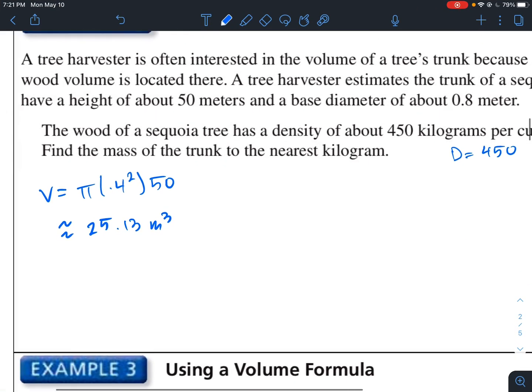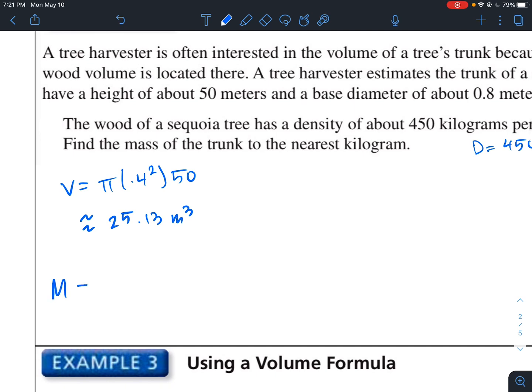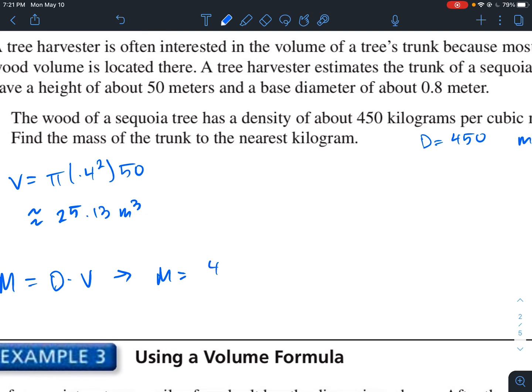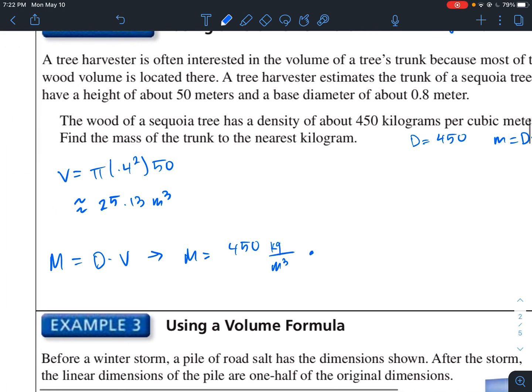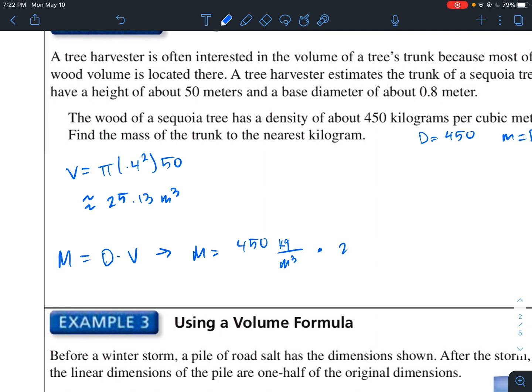And we're looking to find the mass, and mass is equal to density times volume. So in this case, mass would be equal to the density of the object, which is 450 kilograms per cubic meter, and multiply that by the volume. So our volume was 25.13 meters cubed.